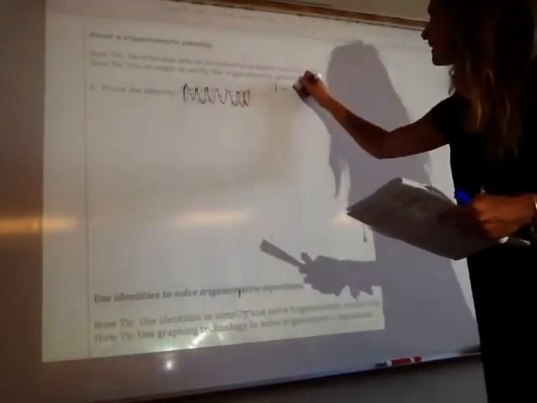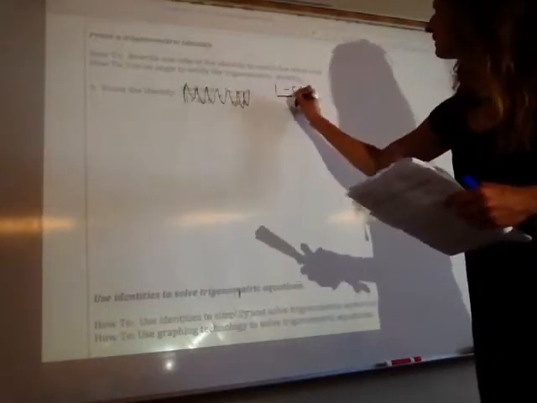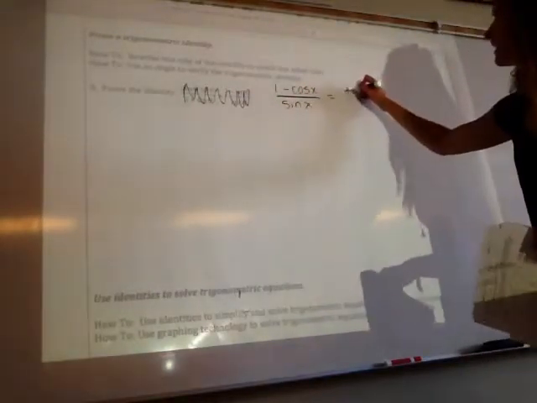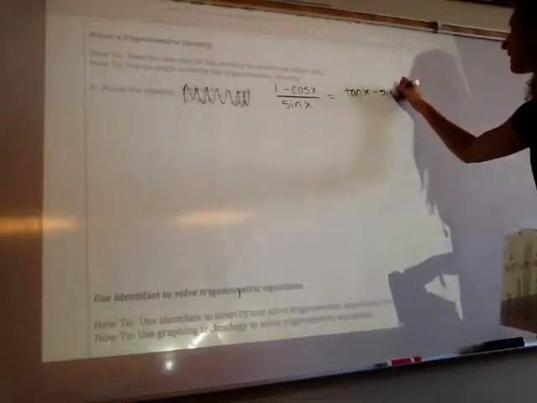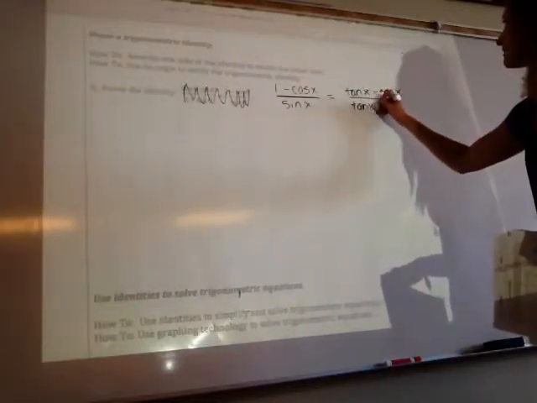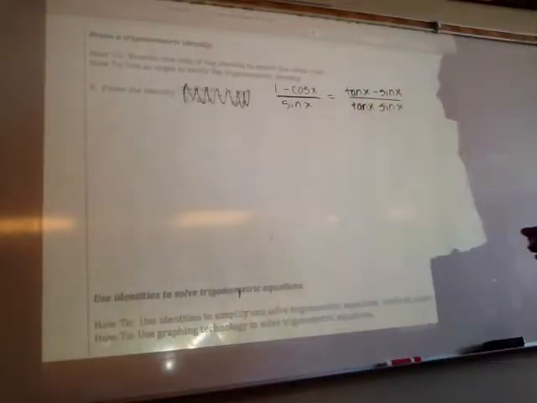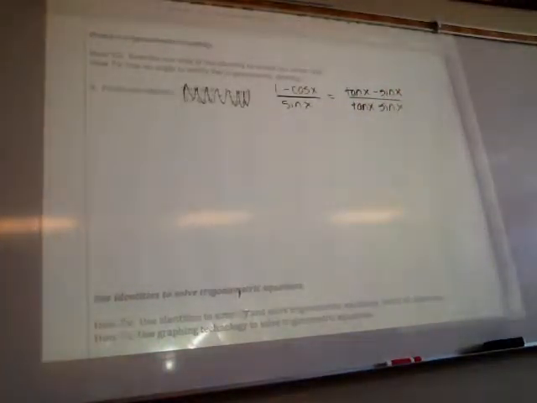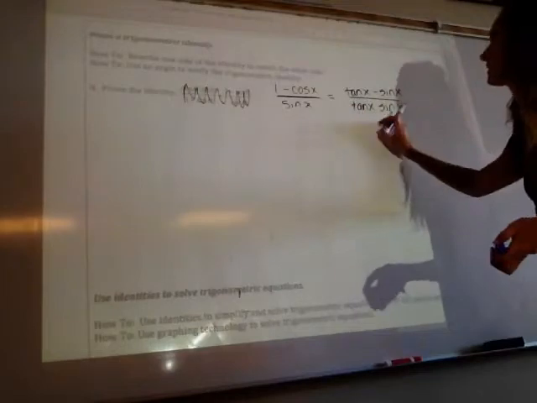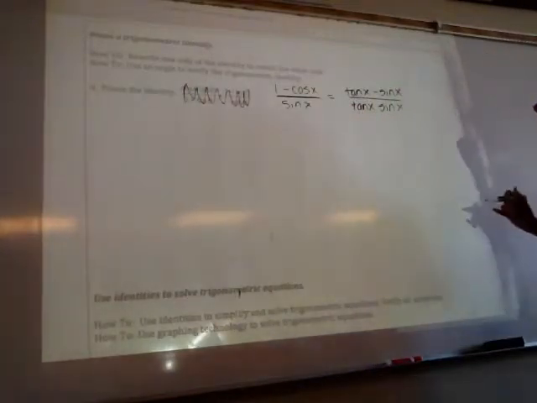Instead, we are going to do 1 minus cosine x over sine x equals tan x minus sine x over tan x sine x. So hopefully you have your formula sheet nearby because you will need to use some identities to prove this identity. Okay, this one's pretty straightforward though.